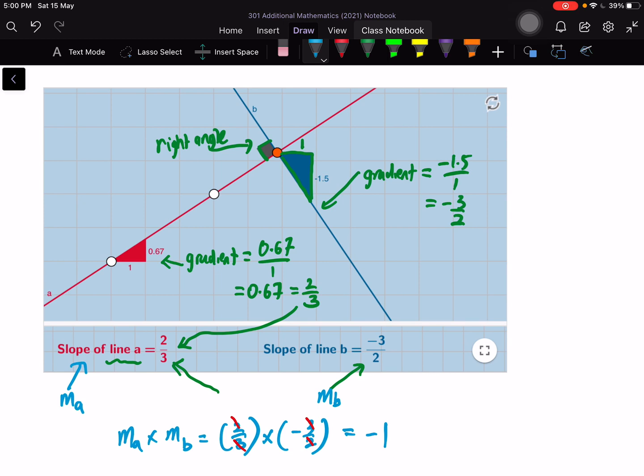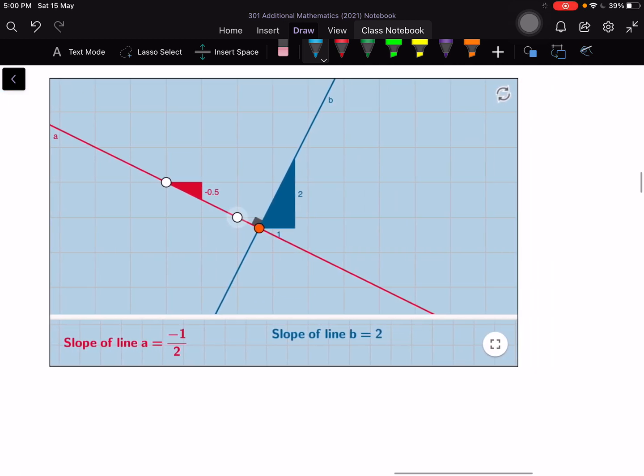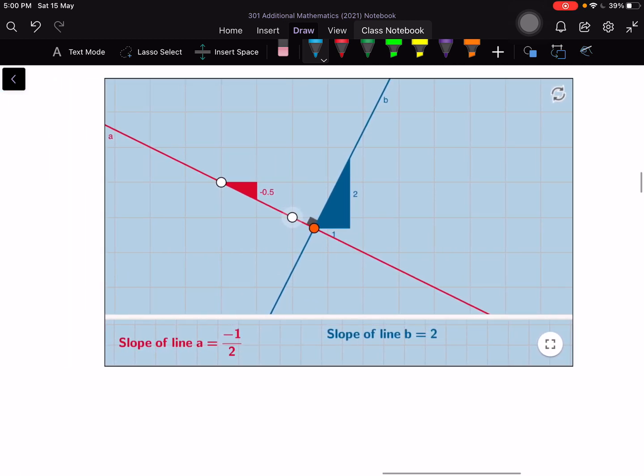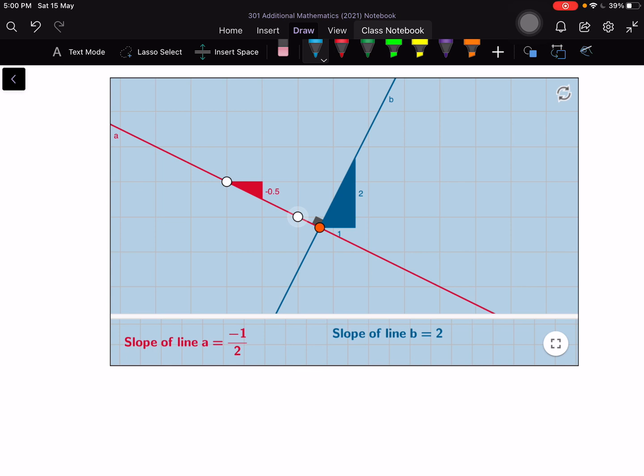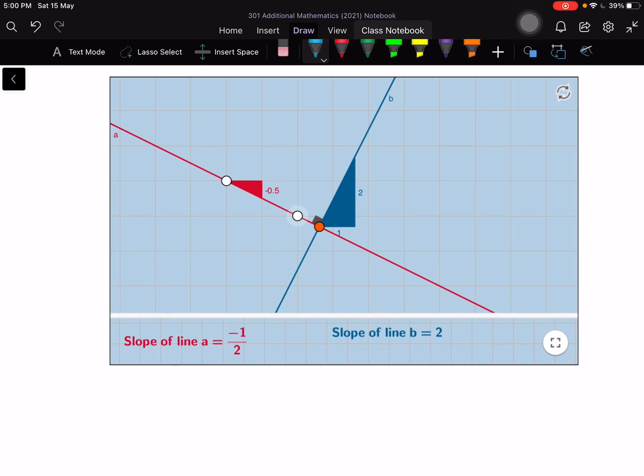Let's see whether this is true for another example. Similarly, we have line A and line B. Let's do it faster this time. Since the picture already gives us the gradients, let's call the gradient of A, MA, and the gradient of B, MB.